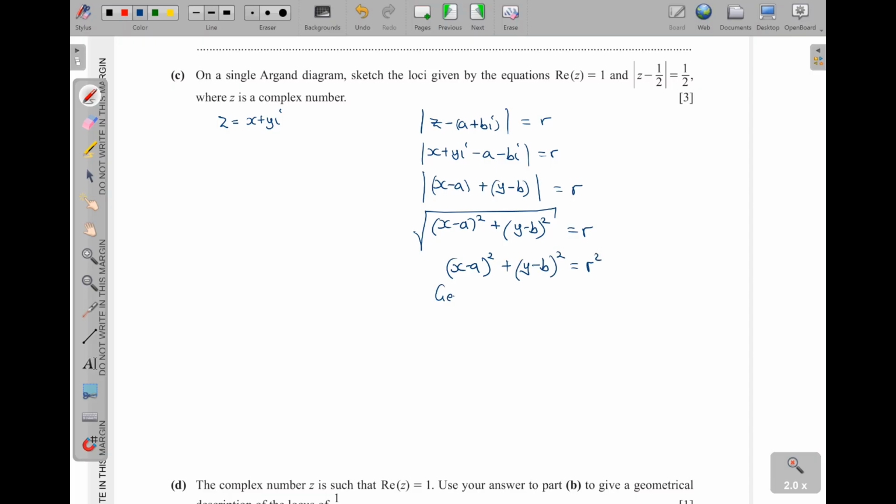Do you see that this is the general equation of a circle? General equation of a circle. So the moment they give you the modulus signs on one side of the inequality or the equation, you should know that that is a circle. Okay, that is a circle.